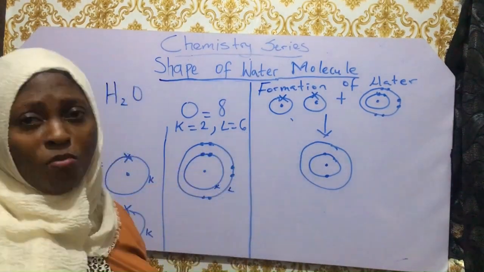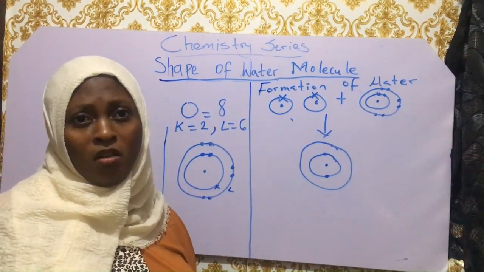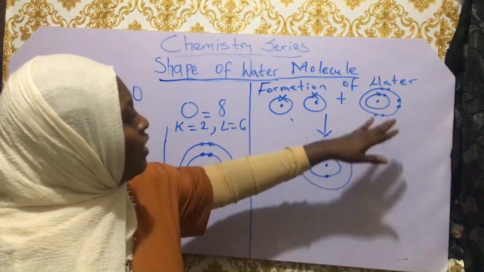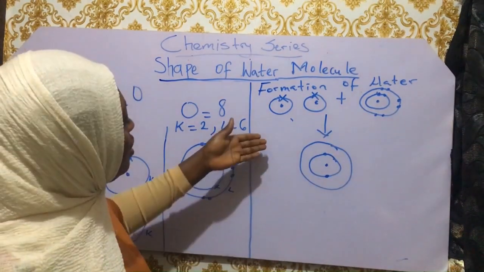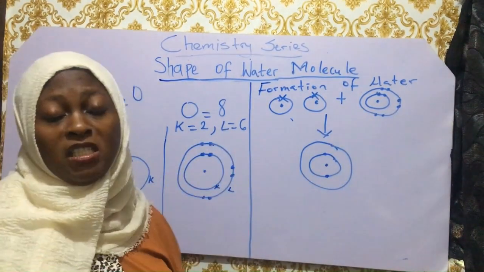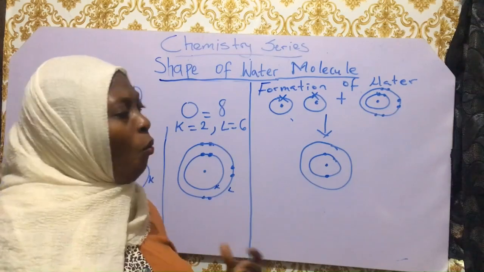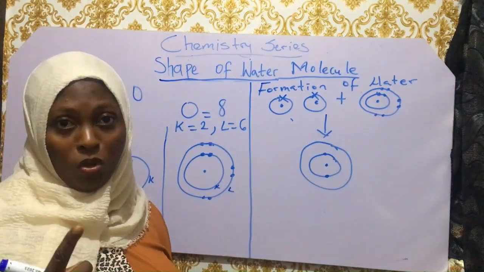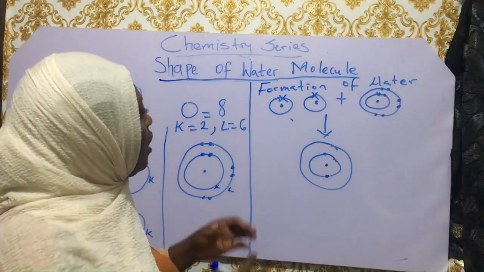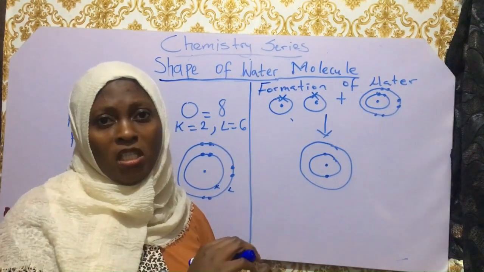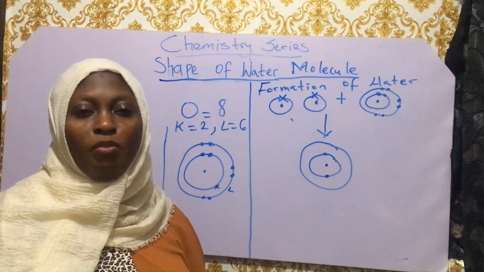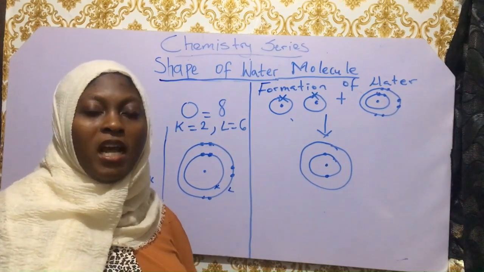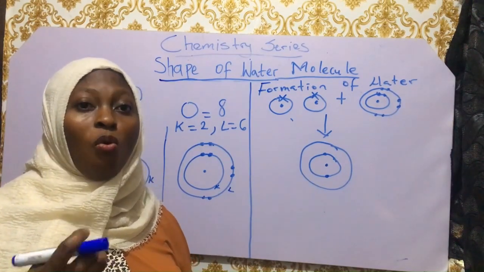Each hydrogen atom needs one electron more to be stable, and oxygen atom needs 2 electrons more to be stable. Since the number of electrons needed by each hydrogen atom to be stable is 1, what they simply do is they bond with oxygen by sharing 1 electron with oxygen. And this kind of bonding, in which atoms share electrons with each other, is called covalent bonding.